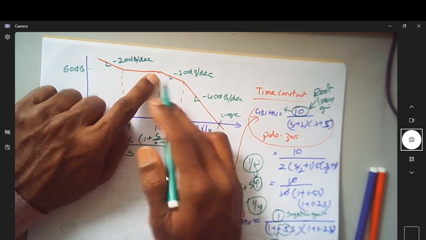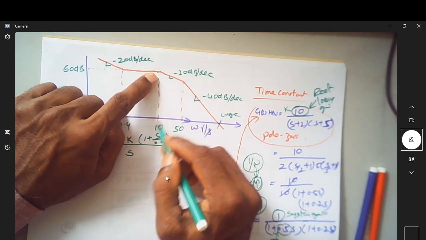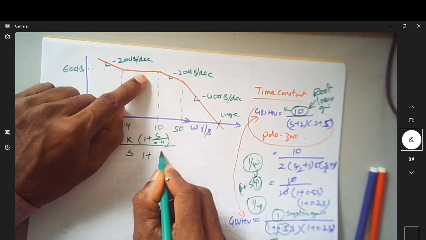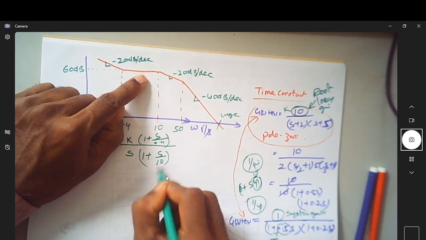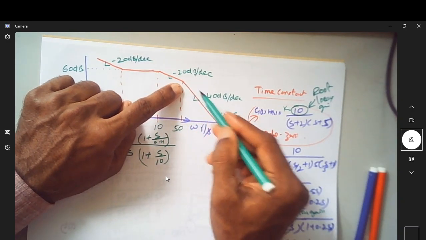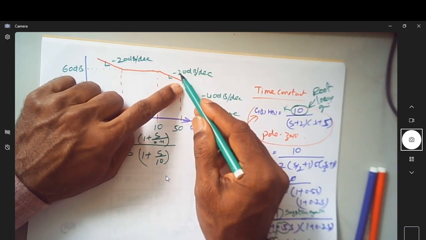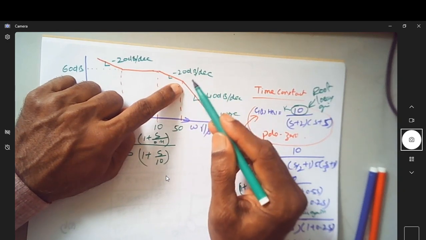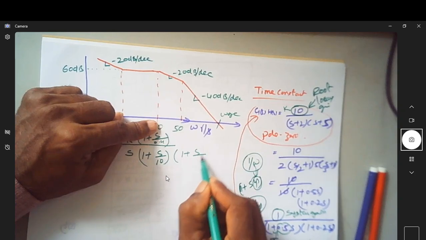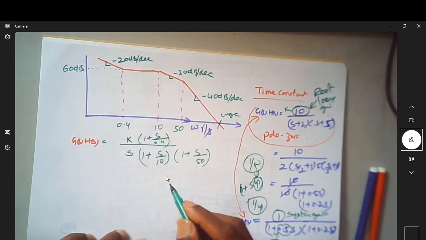Now at 10, the slope is reducing, meaning there is a pole at 10 radian per second, so I will write 1 by 1 plus s by 10. Then there is one more change in slope at 50. Since the slope is further reducing from minus 20 to minus 40, there is one more pole at 50, so I will write it as 1 plus s by 50.